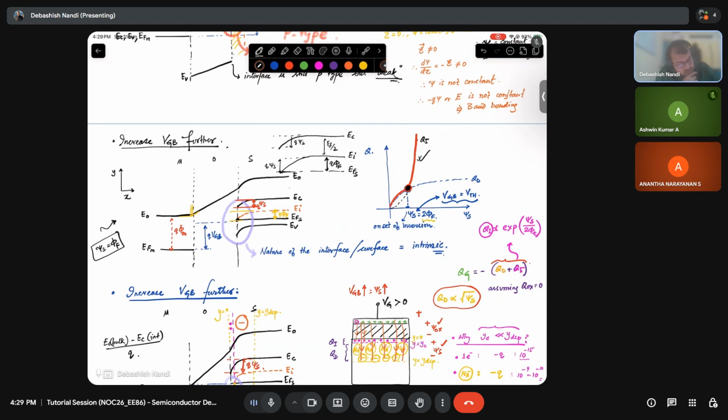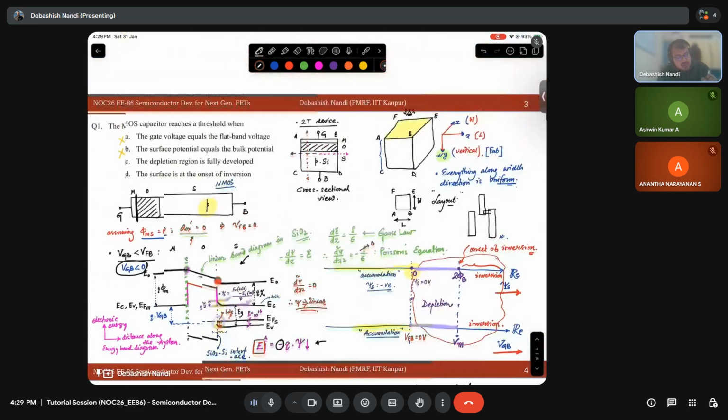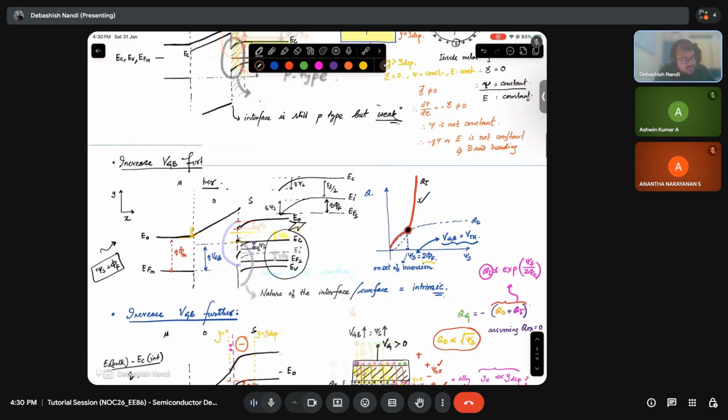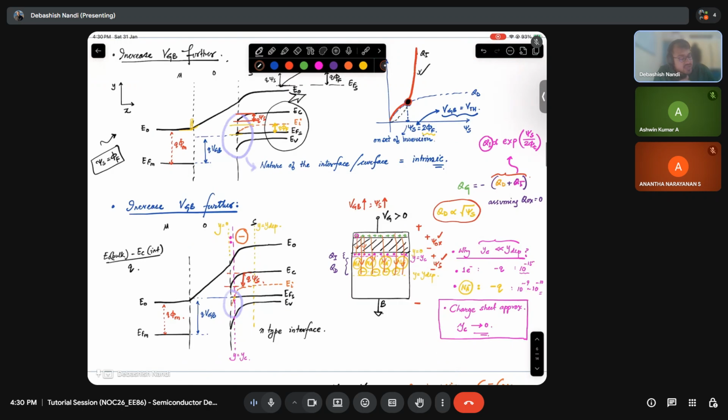This is just a zoomed version of this. So that is not the region where we call it inversion. The depletion region is fully developed? That is not true either, because my depletion region will keep growing, right?